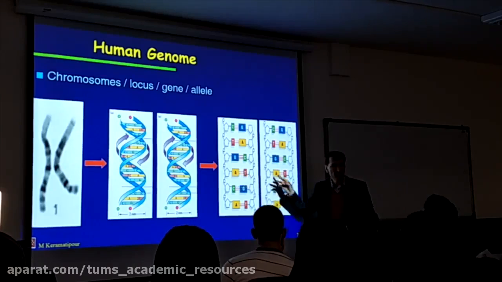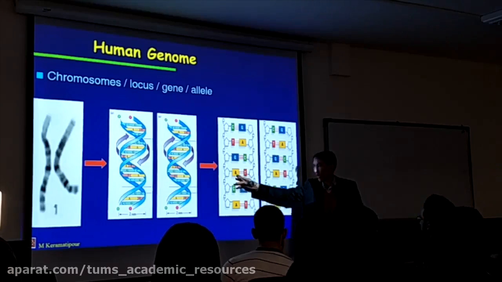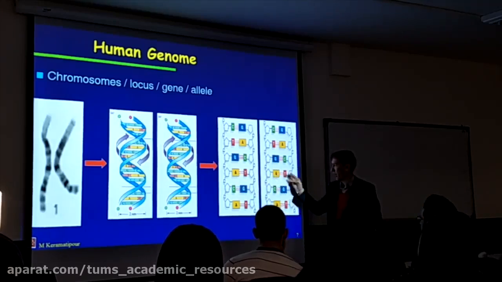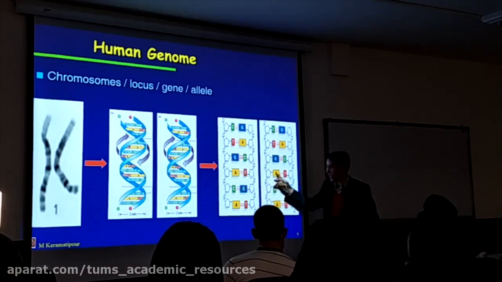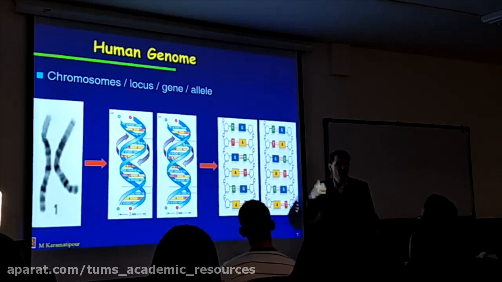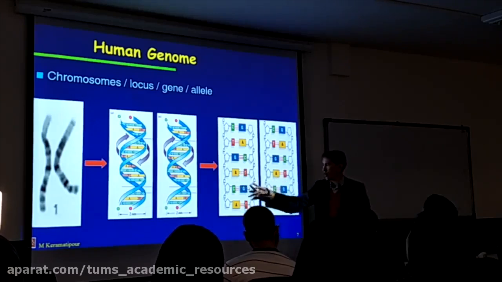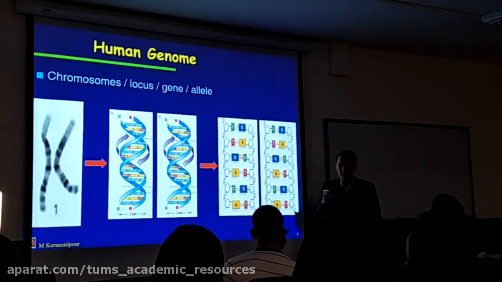It would be A. It means that in this chromosome I have A and the complementary, which should be T, and also here I have A, and the complementary strand would be T. But as I mentioned, we only say one of the strands. We don't need to say the other. So the genotype at this specific position would be A. It means that this person is a homozygote for the A nucleotide at this position.